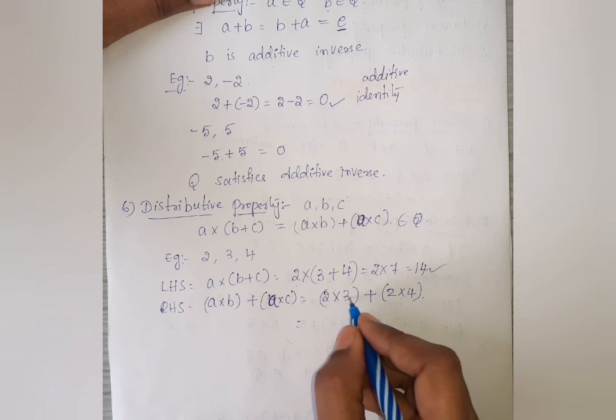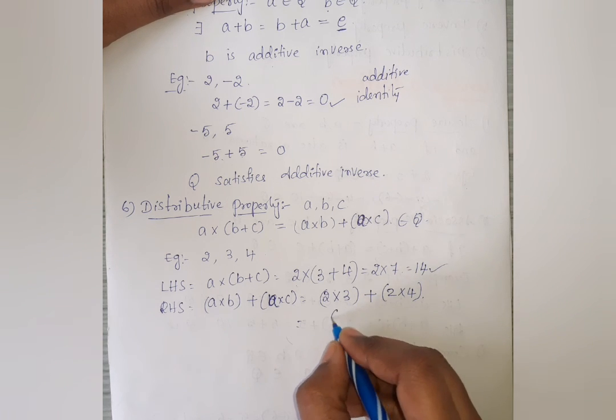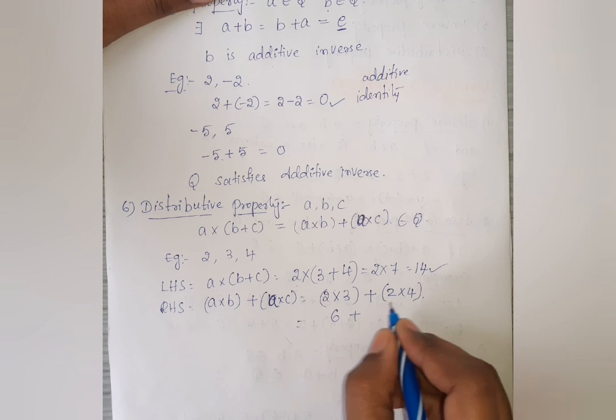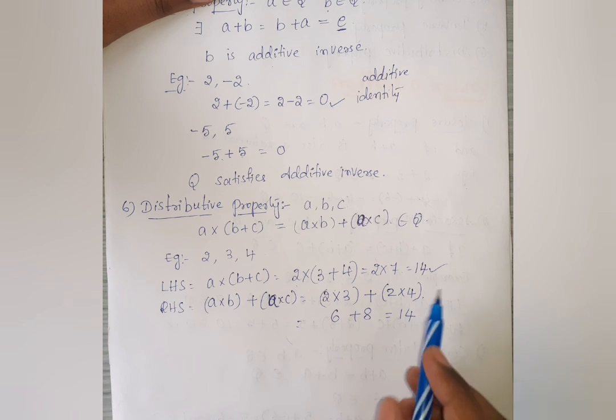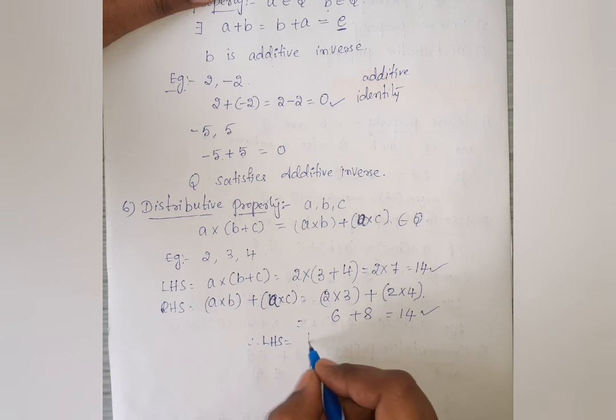So let us do the operations first. 2 threes 6, next plus 2 fours 8. So 6 plus 8 is 14. So LHS is equal to RHS.